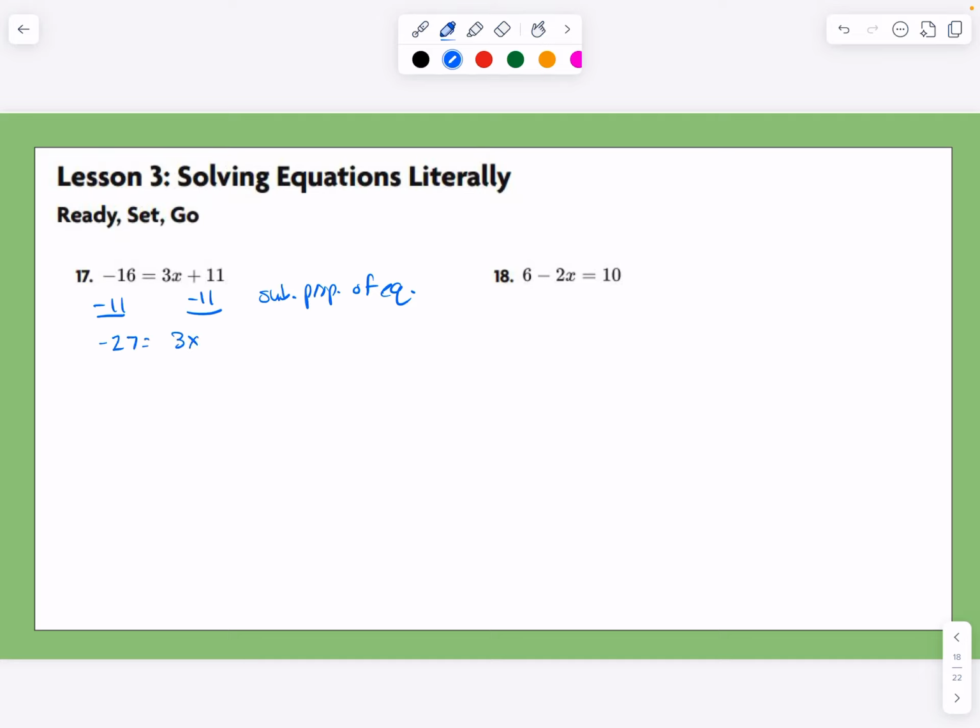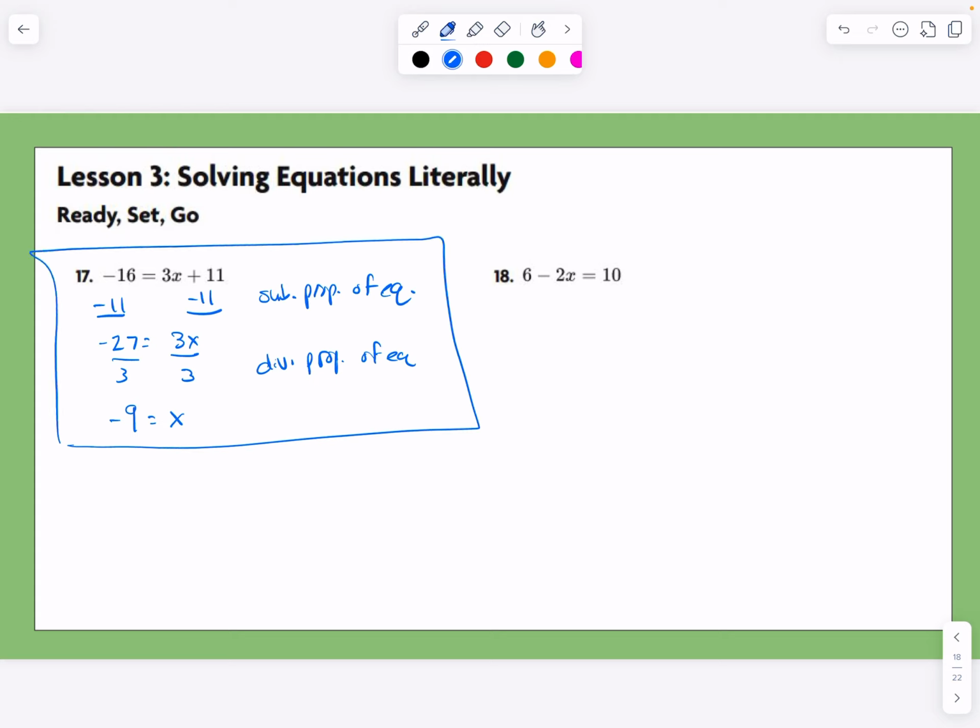I want to get the x by itself, so I'll divide both sides by 3. So I'm using the division property of equality in this step, and I have negative 27 divided by 3. Negative 9 equals x, and that becomes my answer. So I have both my solution and my justification there.